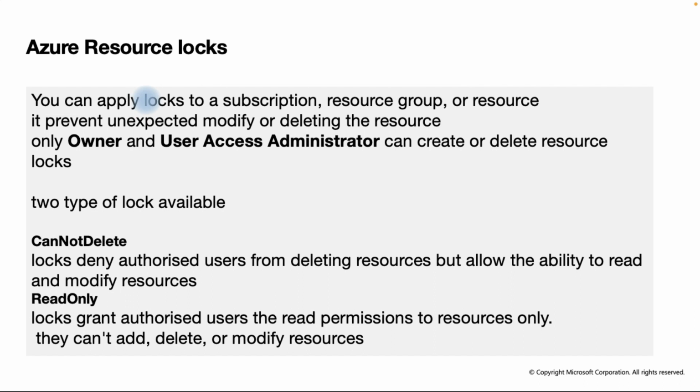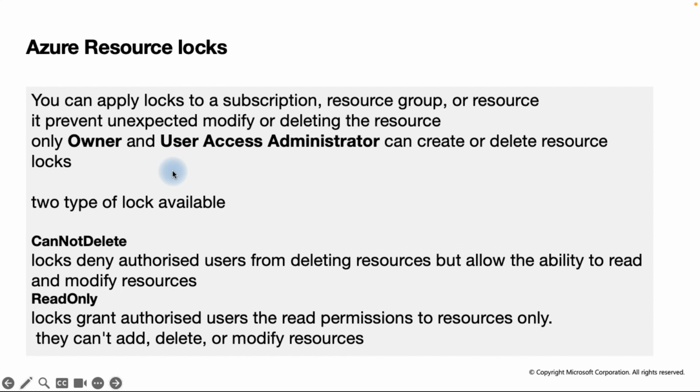So to prevent unexpected deletion or editing, you can put a resource lock. You can apply a lock to the subscription, resource group or resource to prevent unexpected modification or deletion of the resources. Only the owner and user access administrator can create or delete the resource lock.